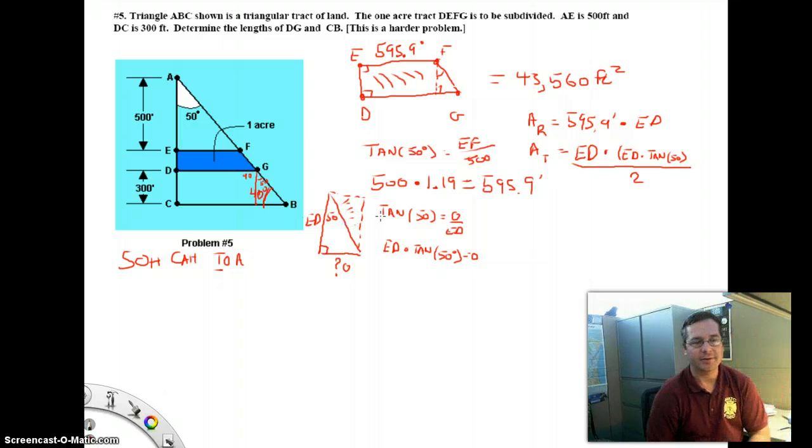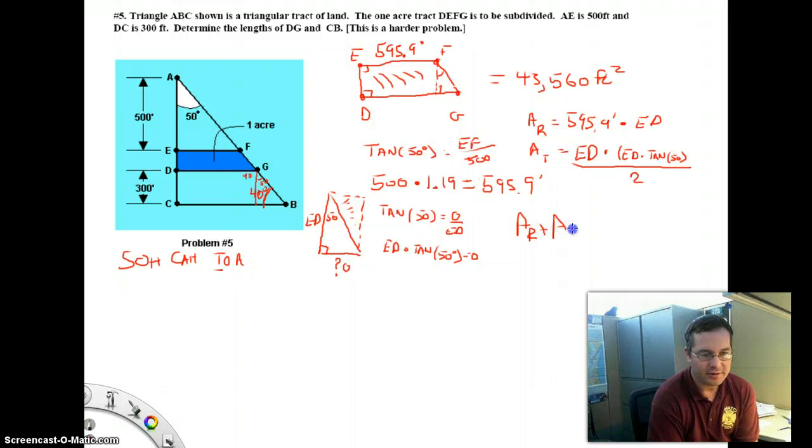This space is not occupied. So now that we know those two areas, how do we solve? Well, we know that A sub r plus A sub t must add to 43,560 square feet.